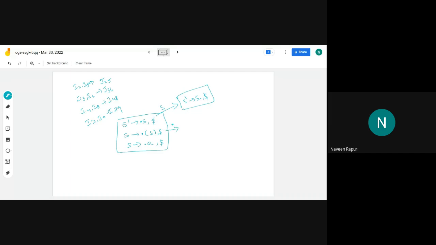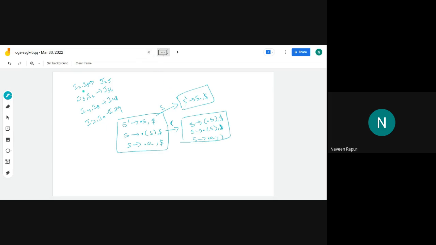After that, by getting open parenthesis, we can write it as S derives open parenthesis dot S comma dollar and S derives dot open parenthesis S, and S derives dot A and open parenthesis.